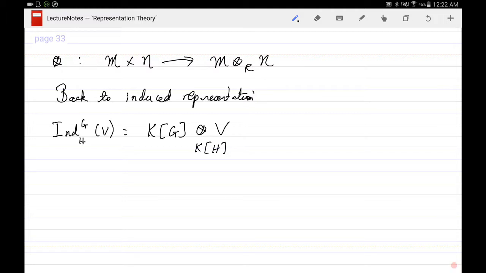So how does this look? We have the action of our group G. G will act on something that looks like this.